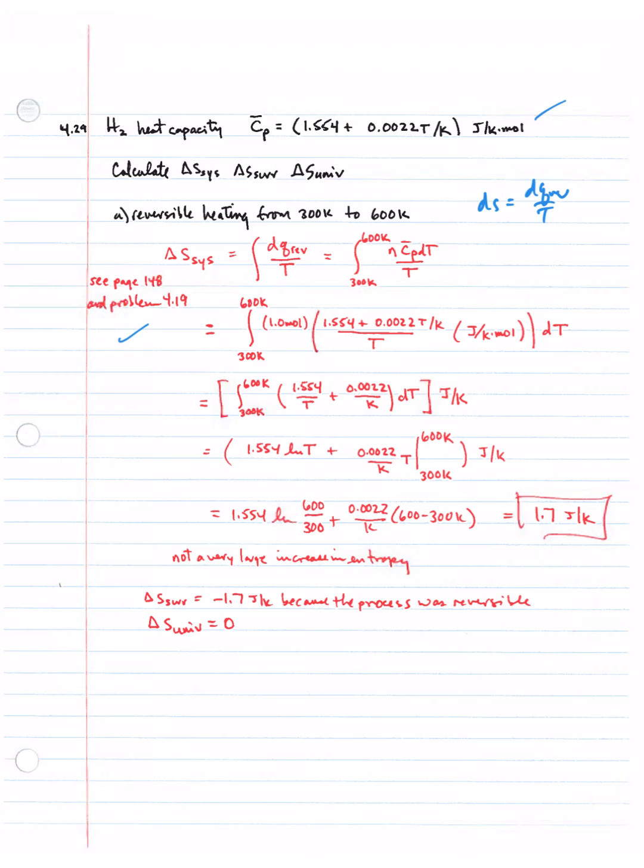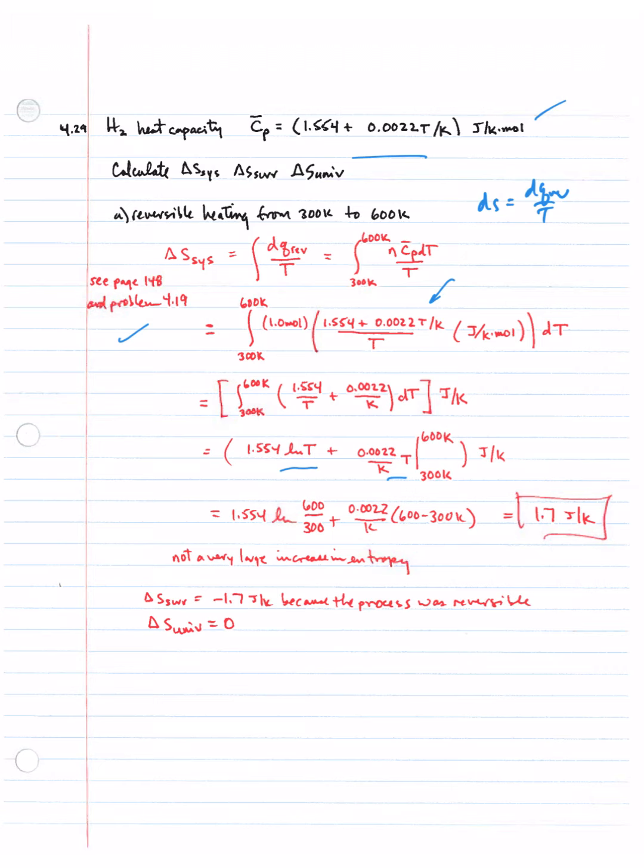Since we have the polynomial, it gets inserted. You have to be careful. There's some canceling here because the polynomial has a T in the second term. And so I split this up into two pieces. So I'm taking the integral of basically dT over T, which gives me a natural log term. And then I'm taking the integral of dT, which gives me a term in T.